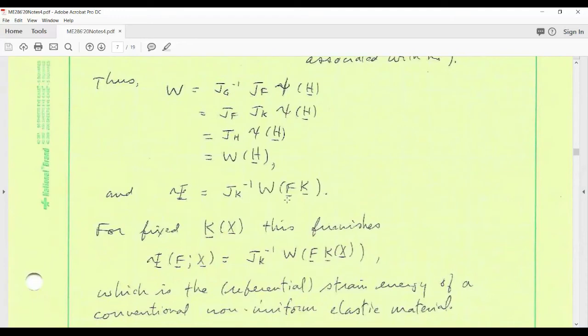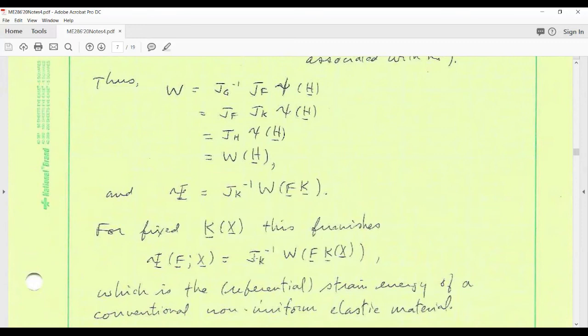Notice that for a fixed plastic deformation, let's say one that does not evolve in time, so you plastically deform the body and then you don't induce any further change in the plastic deformation. In other words, you don't yield the material any further to cause the plastic deformation to change. Then this would be some fixed function. Put that in here.